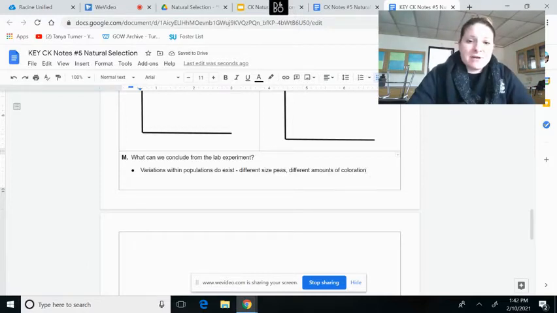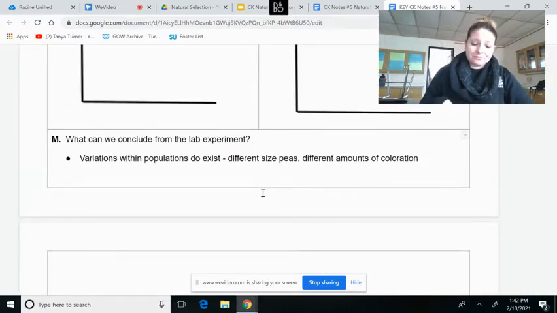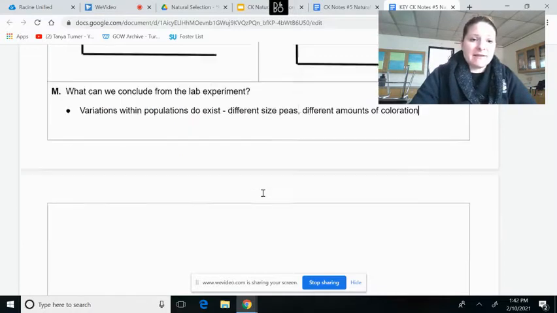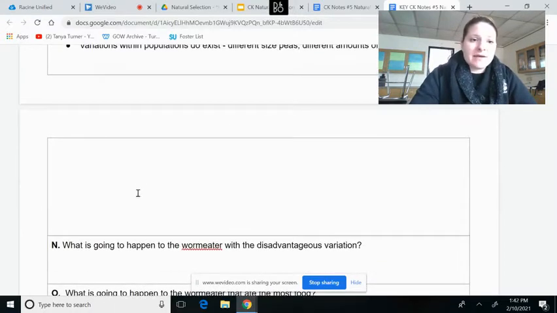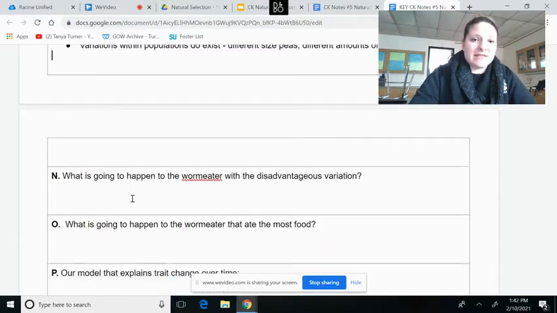Different size peas and different amounts of coloration exist in the pinto beans. I think that's really all that we needed from the variation lab, because then the next lab is right there. So that was in box M, just needing to know that variations do exist.